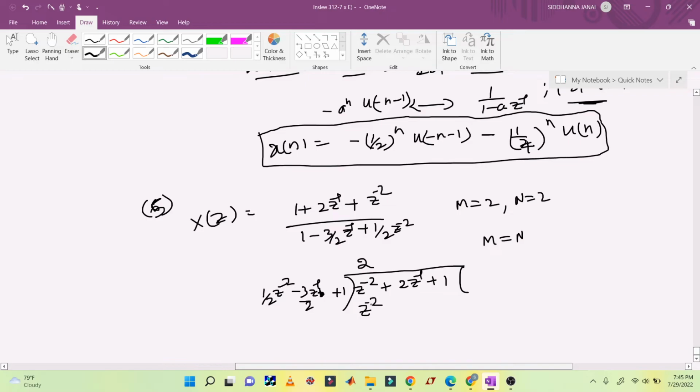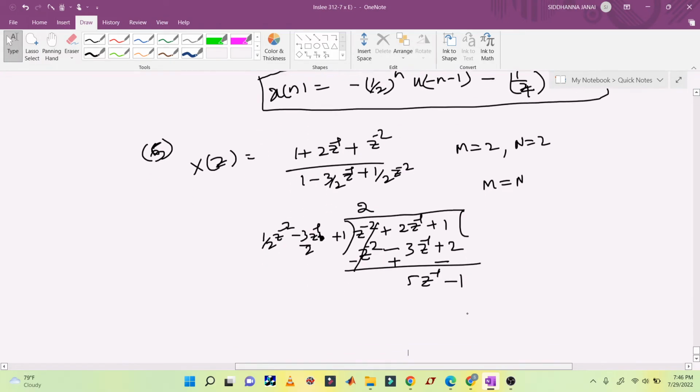Z inverse square, and this is minus 3 into 2 divided by 2, so it is minus 3z inverse, and this one plus 1 with 2. It is 2. So here it cancels out, here plus and this is minus. So this is 5z inverse minus 1.